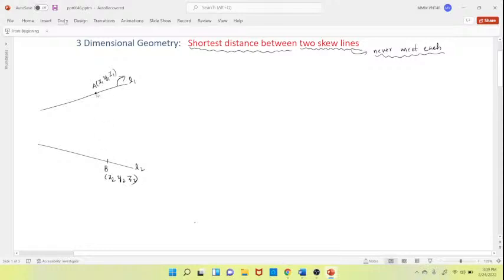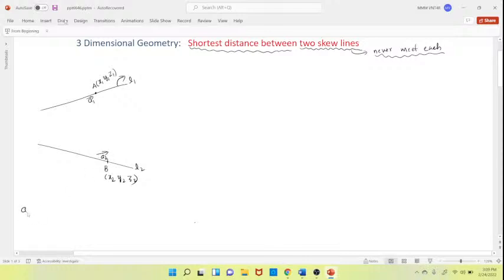So the position vector of point A with respect to origin O is a vector, say A1. A1 is the position vector of point A, and from point B we will take one more vector, say A2.